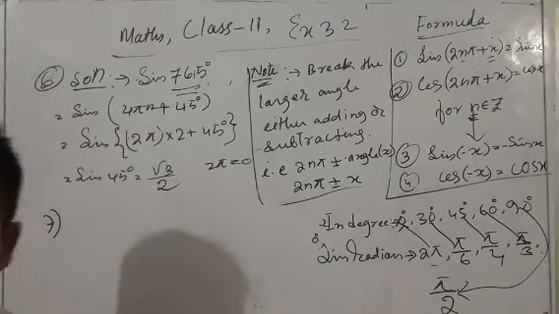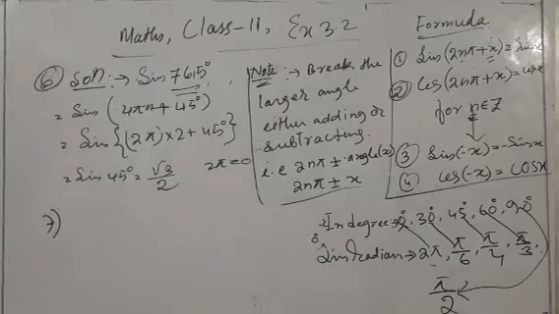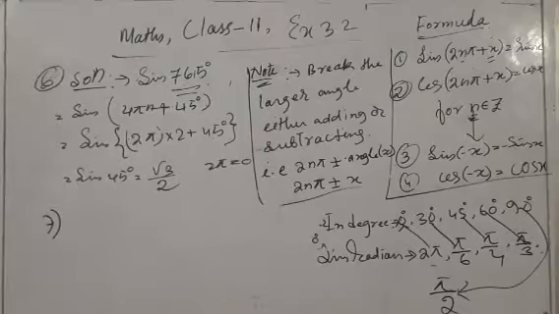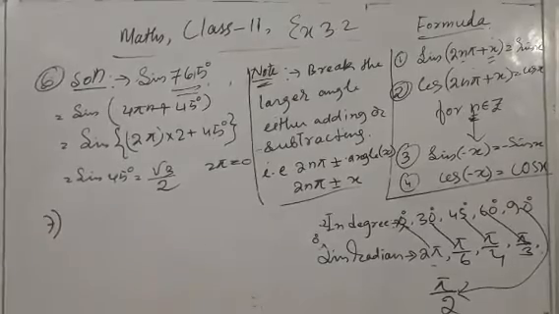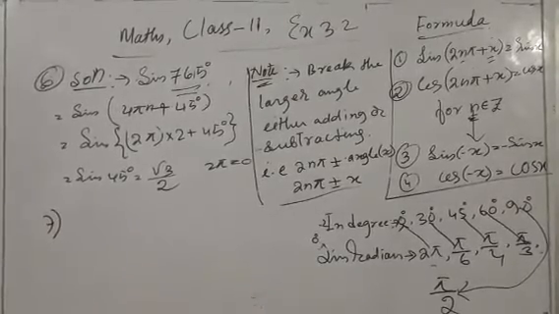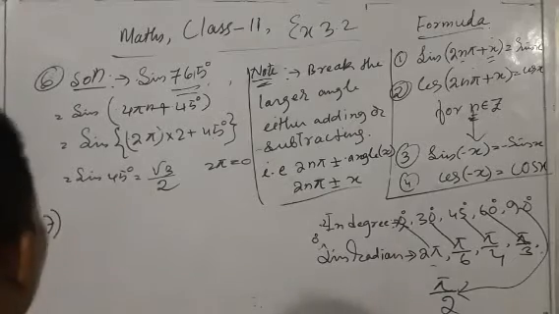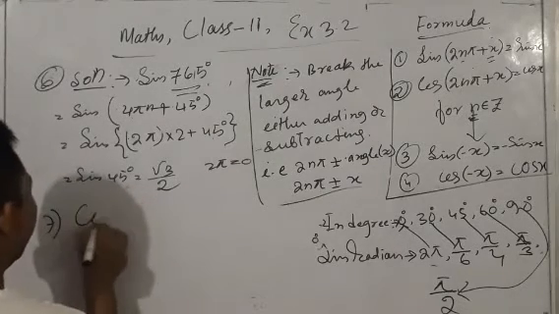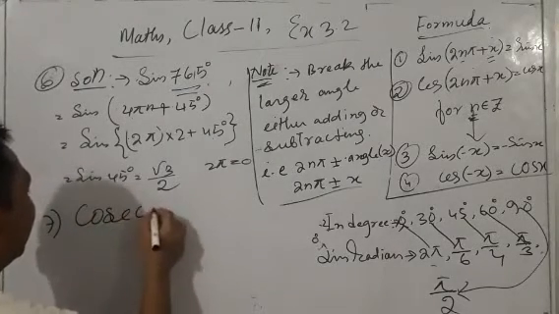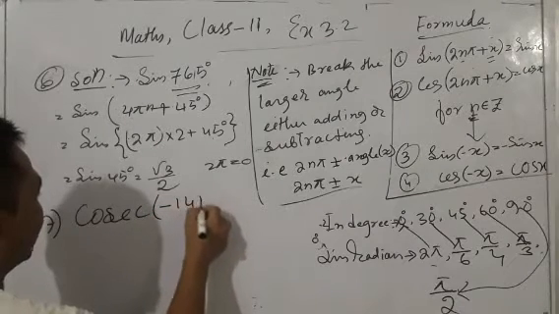Next, here is question number 7. Cosec of minus 1410.